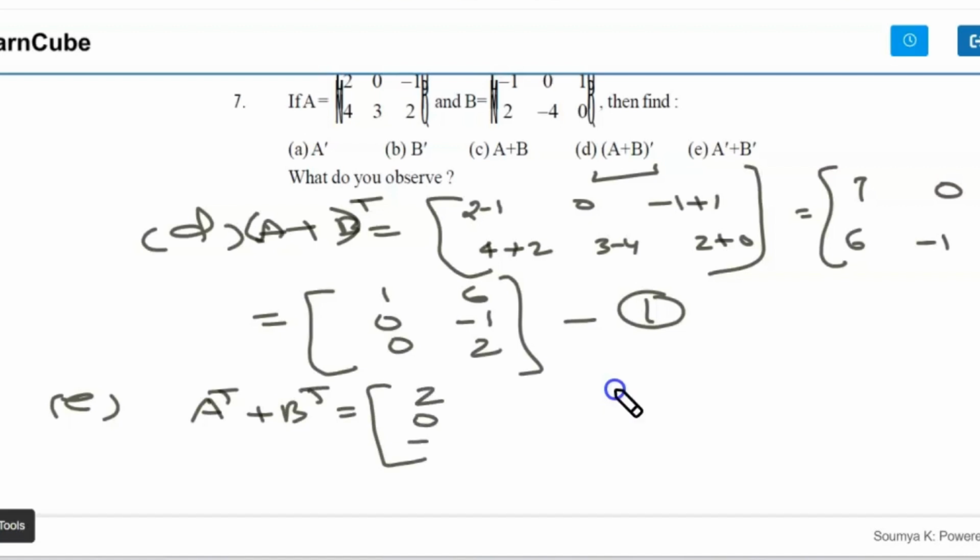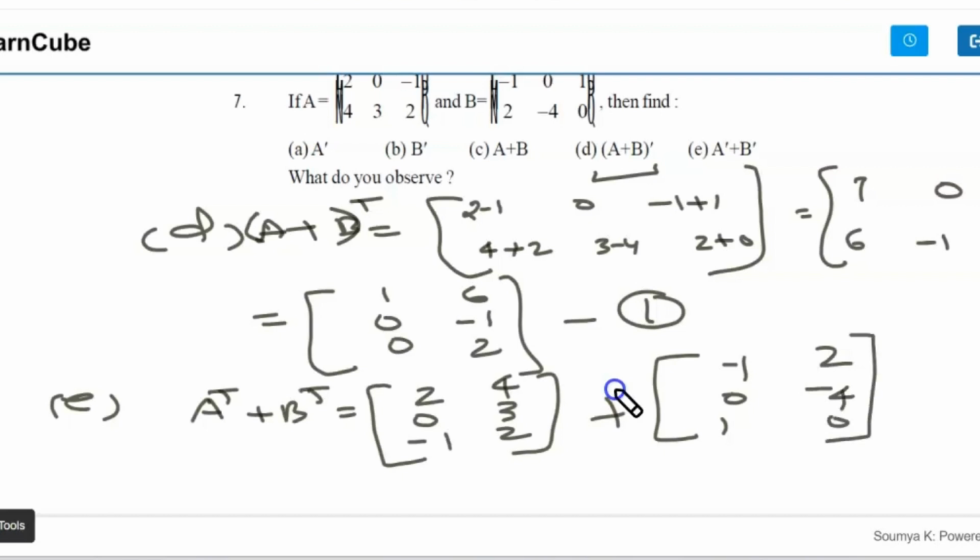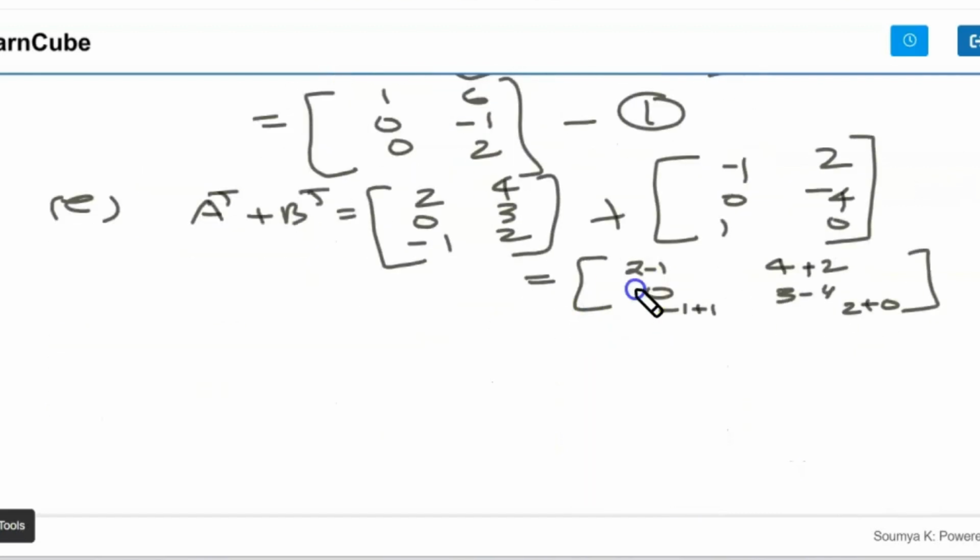So our matrix converts to this for A, and B converts to this. So 2 minus 1, 4 plus 2, 0, 3 minus 4, minus 1 plus 1, 2 plus 0. This gives the solution as 1, 0, 0, 6, minus 1, 2.